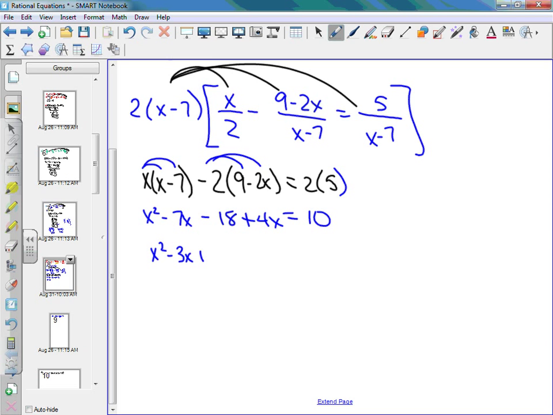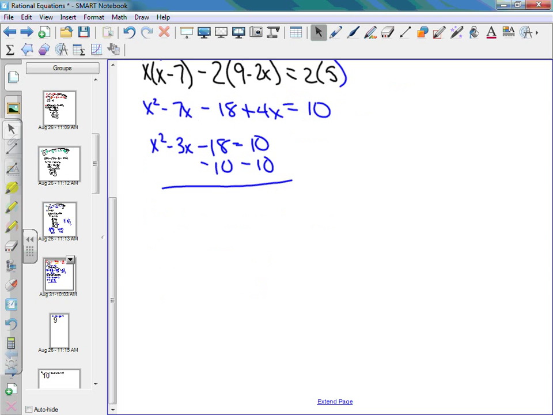Good. Now what? Make it equal to 0, so you're going to subtract the 10. X squared minus 3x minus 28 is equal to 0.